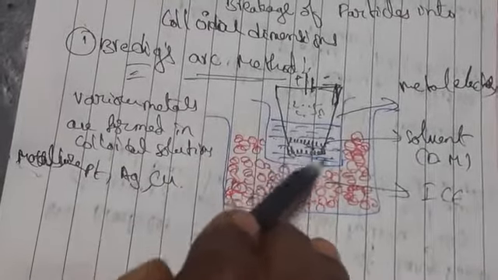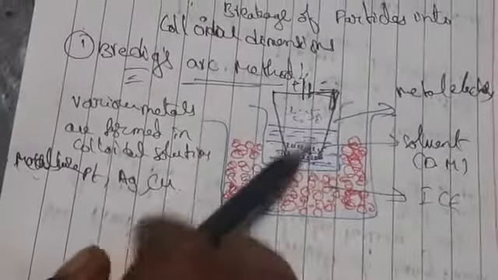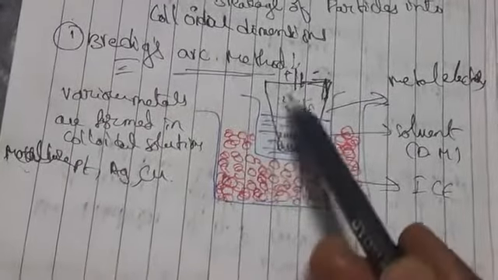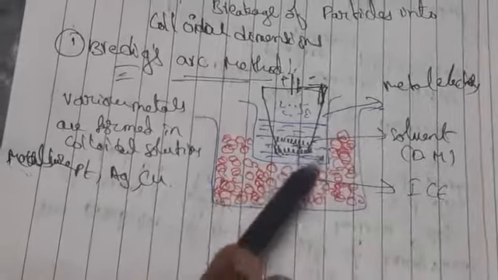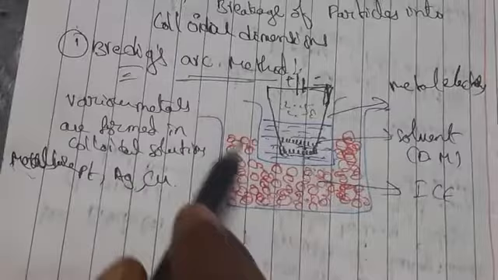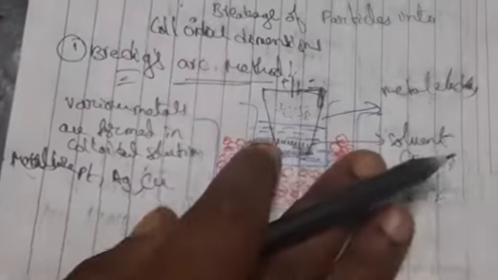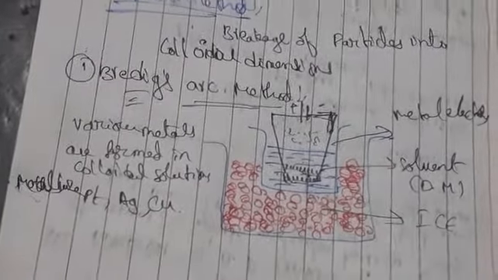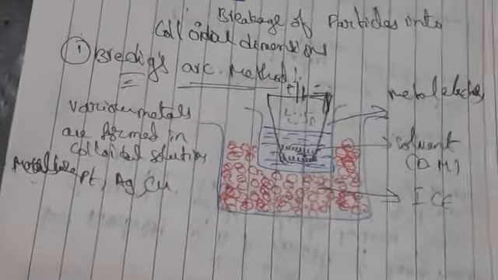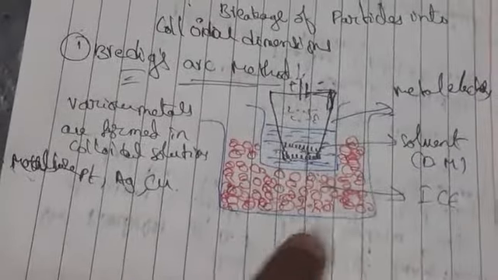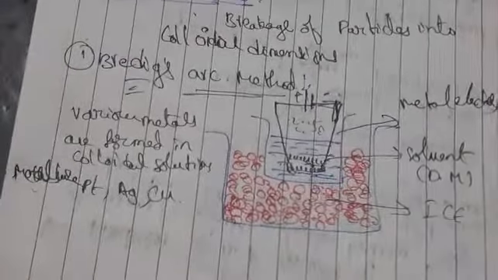An intense arc is produced because of the heat, forming vapors, which undergo condensation in the freezing mixture. The solution can then be filtered to remove bigger particles from the colloidal solution. So this is the first method. And coming to the second method, what do we have?